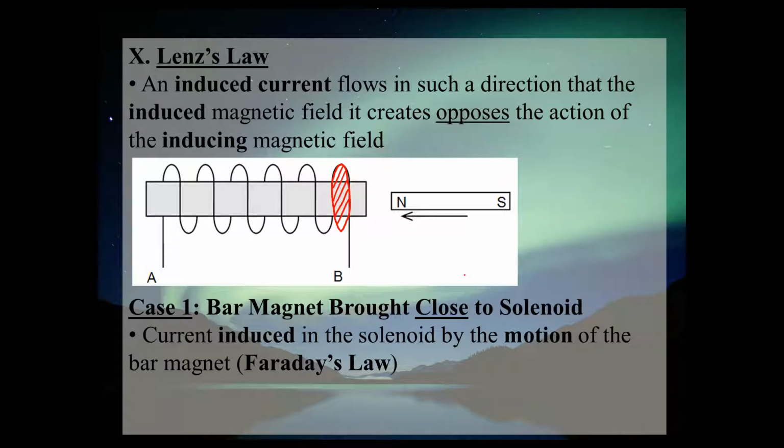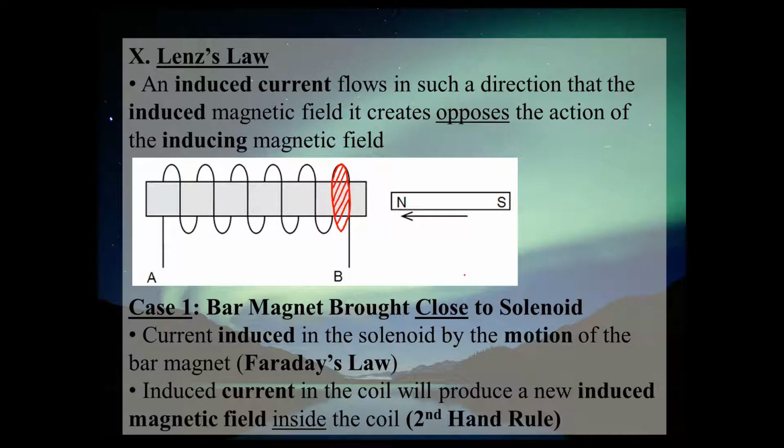Well, as you bring that bar magnet closer and closer to the solenoid, as the pole gets closer to that solenoid, you're going to have an increasing number of magnetic field lines pass through that enclosed area. If the number of magnetic field lines through that area is increasing, then the number of field lines is changing, and that means your magnetic flux is changing through that enclosed area. If the flux changes through that enclosed area, then you do indeed induce current in the solenoid.